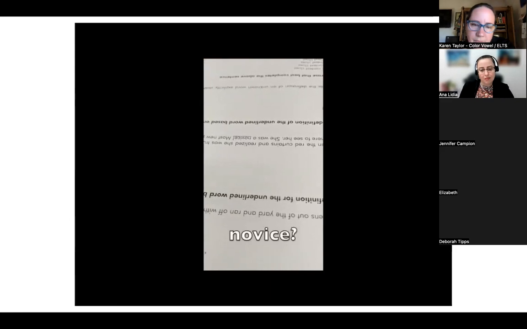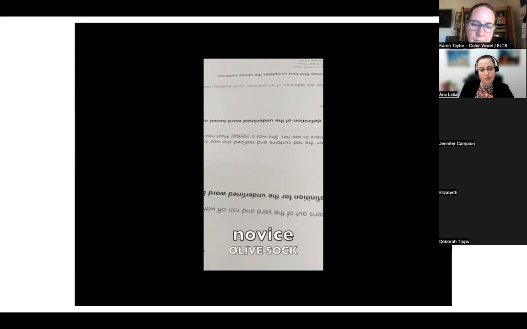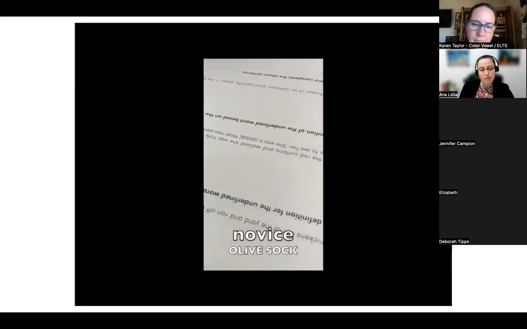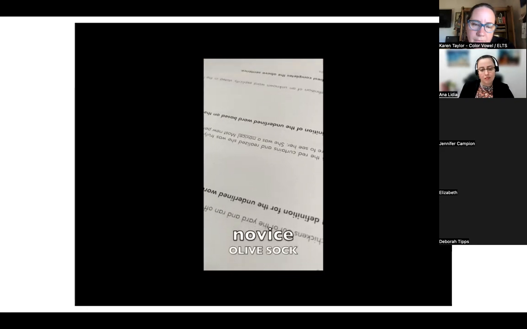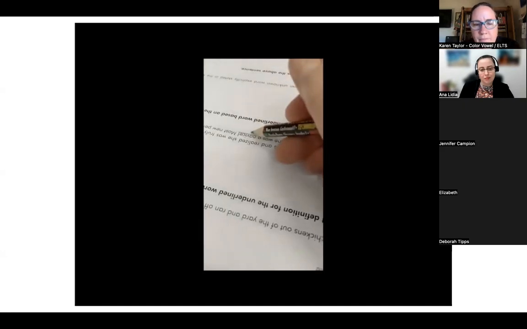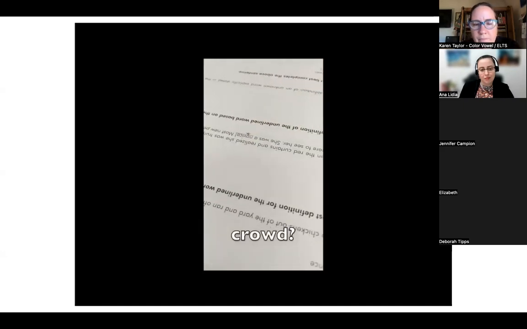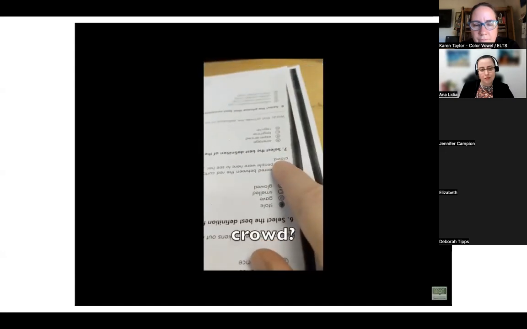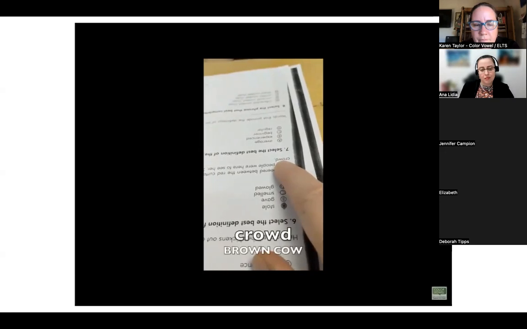Novice. Okay, I'm gonna tell you that it's an olive sock word. Olive sock. All sock. Novice. That's right. Mm-hmm. Most new performers never had this large of a crowd. What's this word? That word is brown cow. Crowd. Yep.